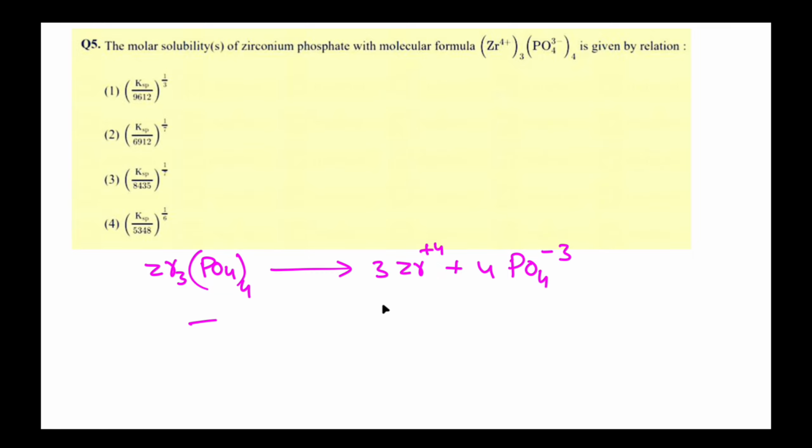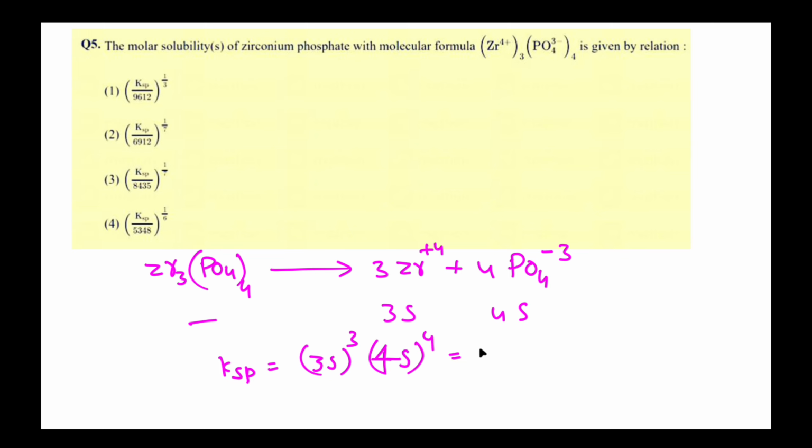So here solubility is 3s and here 4s. So from that KSP is equal to 3s whole power 3, then 4s whole power 4.